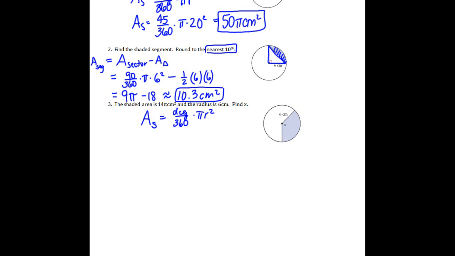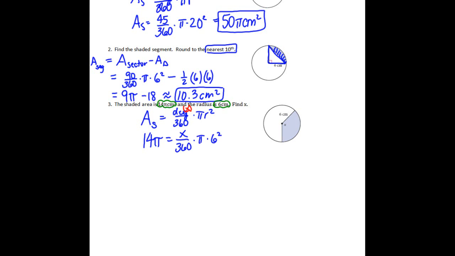I know that the area is 14 pi and the radius is 6. So I'm going to plug that in: 14 pi equals, my degree measure is what I do not know, that's my x, so x divided by 360 times pi times 6 squared.